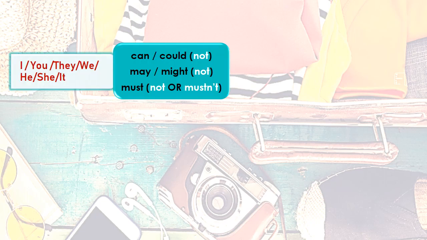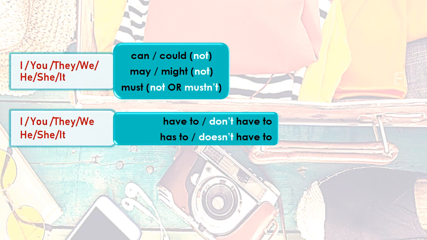For more detail, look at this. Modal verbs can, could, may, might, must. For positive or negative, you can use all subject. I, you, they, we, he, she, it. Now, what about have to and has to?